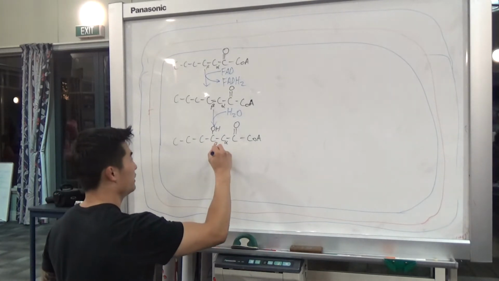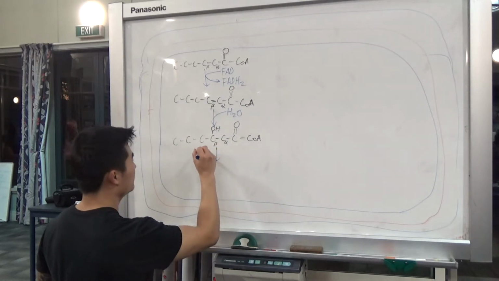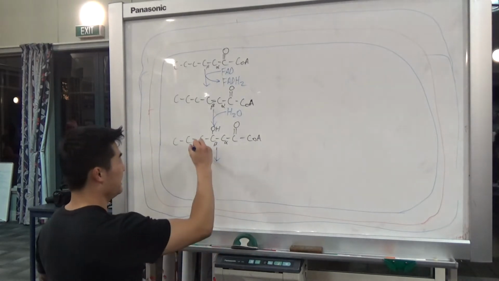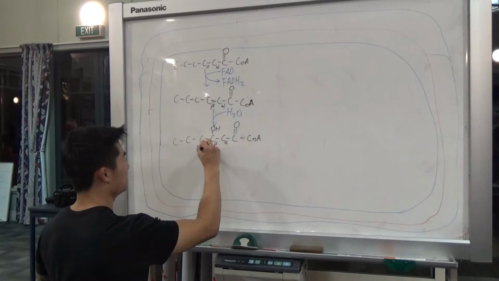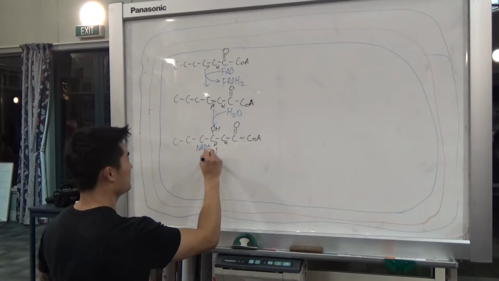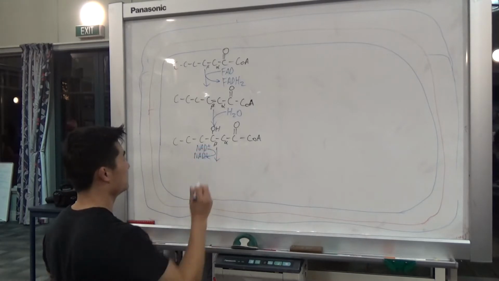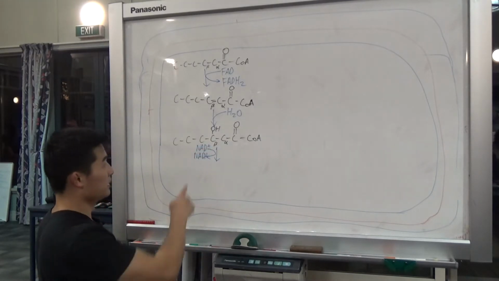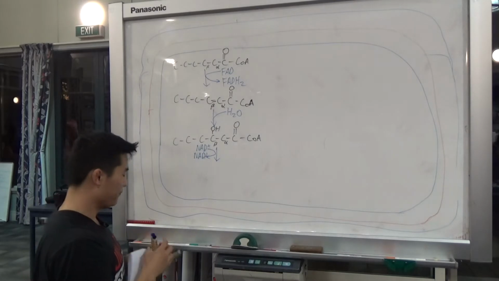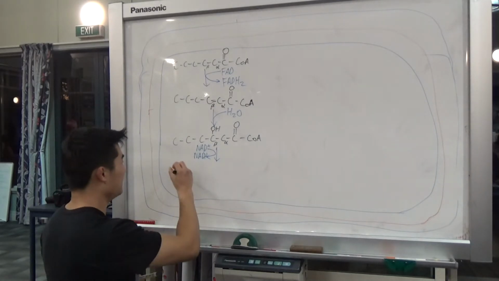And then we're going to oxidize it again, and this time we're going to use NAD+. NAD+ is going to come in and take the electrons, and it's going to take them from the oxygen this time.